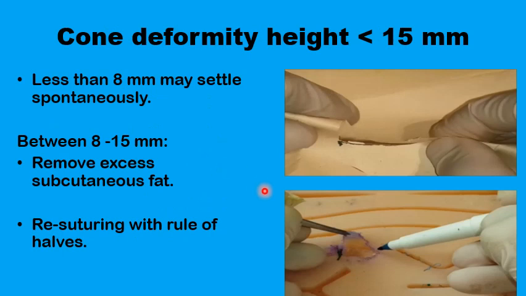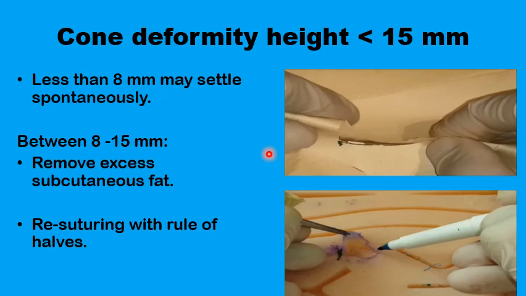If the dog ear is small, say less than 8 millimeters, then it may be worth treating it conservatively, because most of these small cone dog ears would settle with time within a few weeks or so.